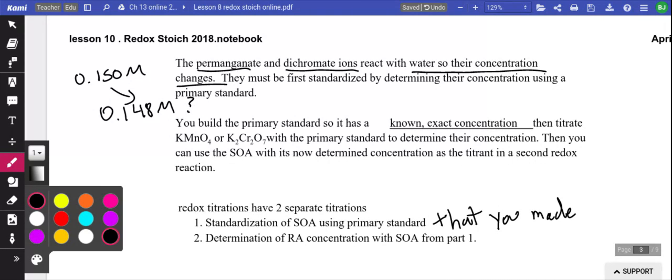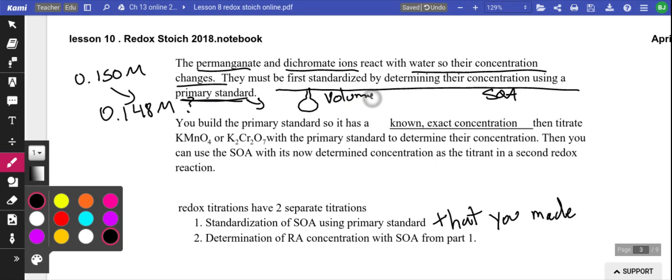So the first step in a redox titration is to standardize or determine the concentration of your strong oxidizing agent with a primary standard. Now, you might remember that's from Chem 20. You had to build primary standards where you take an exact mass and you dissolve it in an exact volume in a volumetric flask, and then you fill it up to exactly 100 milliliters, and that's your primary standard.